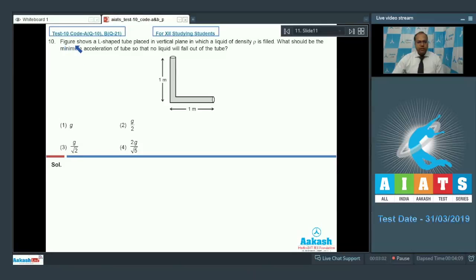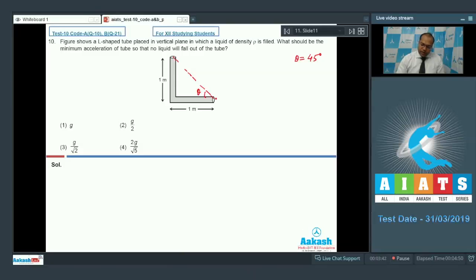In question number 10, the figure shows an L-shaped tube placed in a vertical plane in which a liquid of density rho is filled. What should be the minimum acceleration of the tube? So in order that no liquid will fall out of the tube, the surface of the liquid in the tube is something like this, and if this angle is theta, since this is 1 meter and this is 1 meter, tan theta is 1 by 1, so the value of theta comes out to be 45 degree.